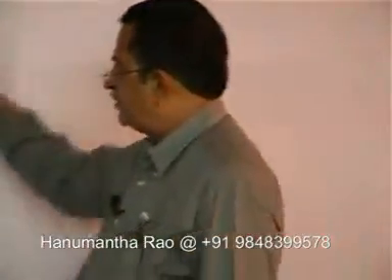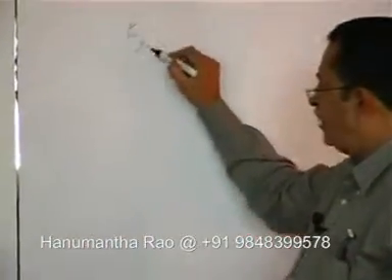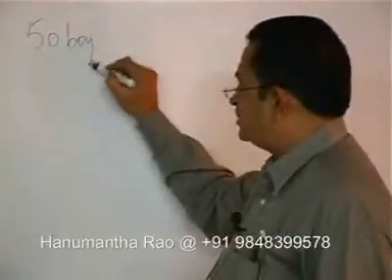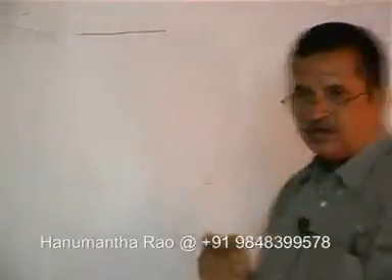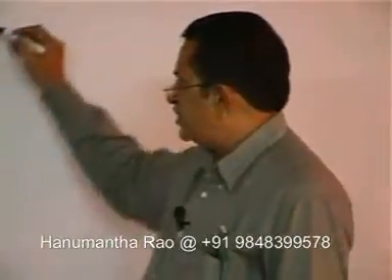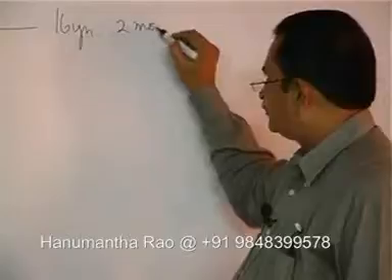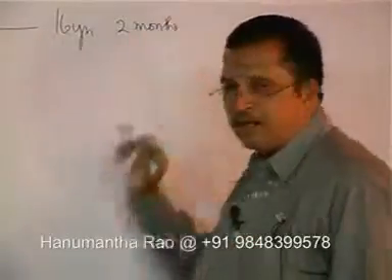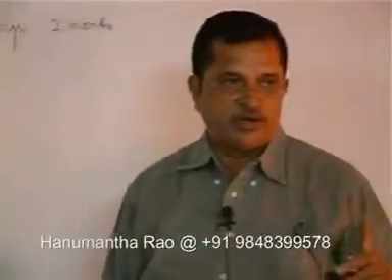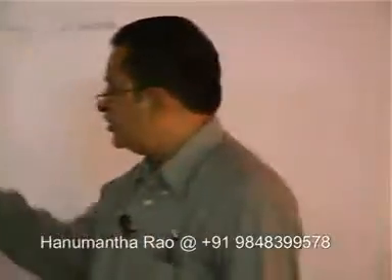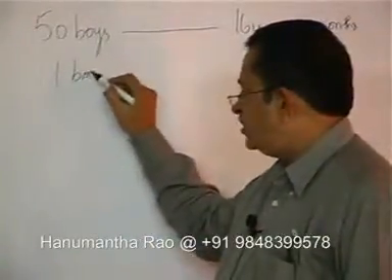What he has given, 50 boys average age is given as how much? 16 years 2 months. By the admission of a new boy, suppose one new boy is joined.